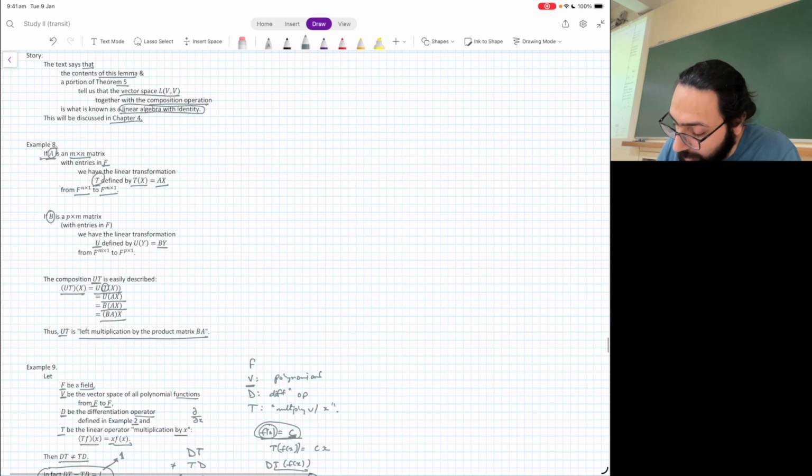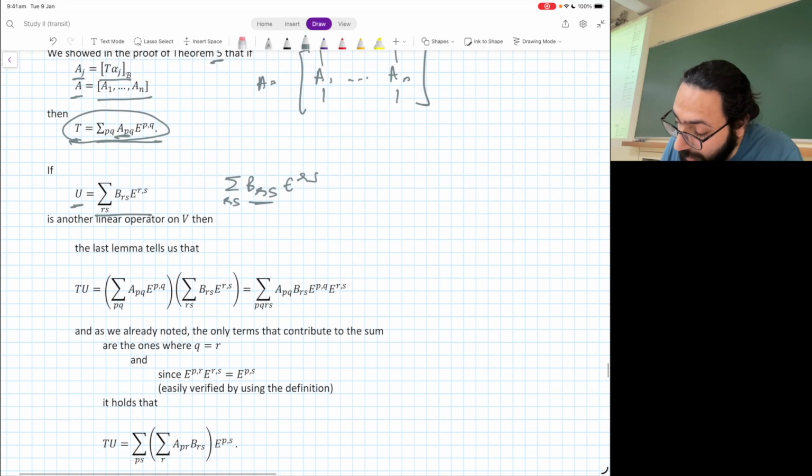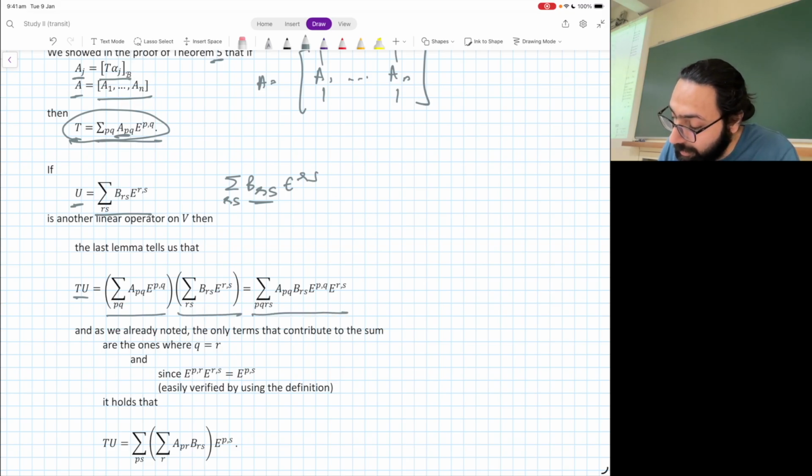Let's just see what the statement is. Actually, I'm not so sure what the lemma is saying here. Then what we have is TU, which we can express as the following, and when we expand it out, we would have EPQs being multiplied, and then you have these coefficients. This is fine. This is just using the definition that we introduced.